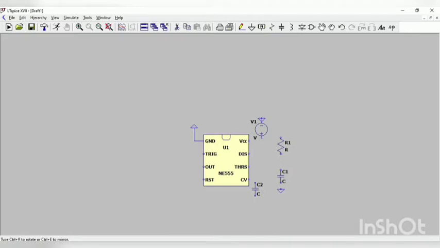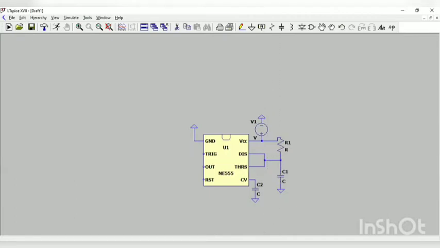Yes, my connections are done. One connection is left: we will need to short discharge and threshold and connect it here.